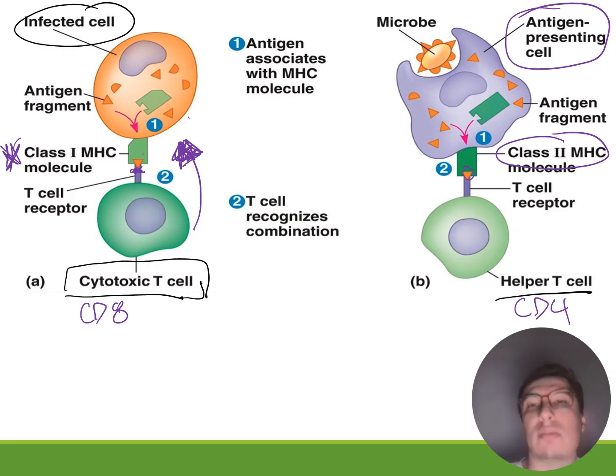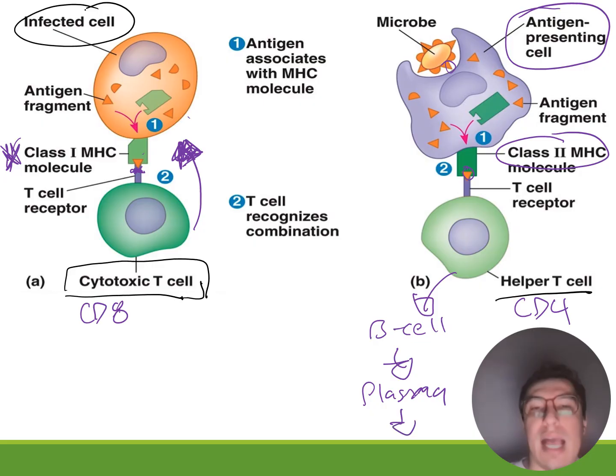You see this triangle right here? It is what this triangle is right here. He broke it down and then he's presenting it to the helper T cell, so that then it goes on to activate a B cell, so that then the B cell divides into a plasma cell, and then it creates antibodies that are targeting that triangular portion that it was shown.